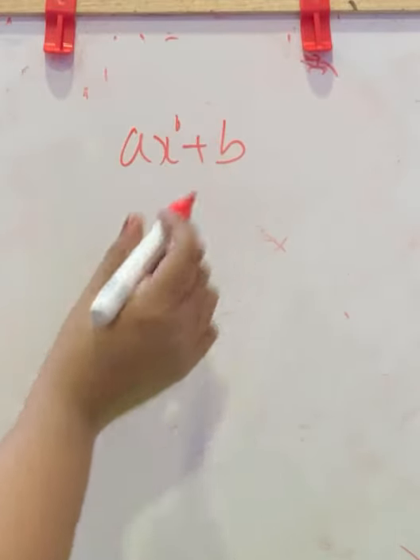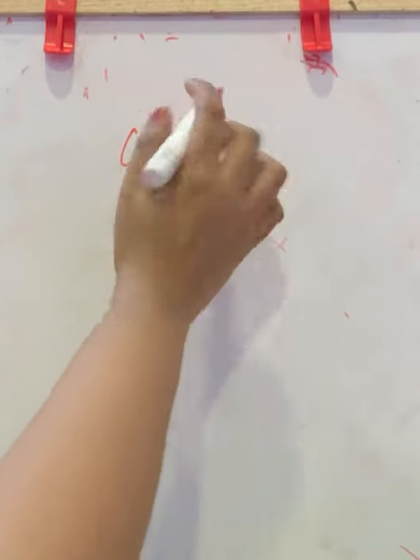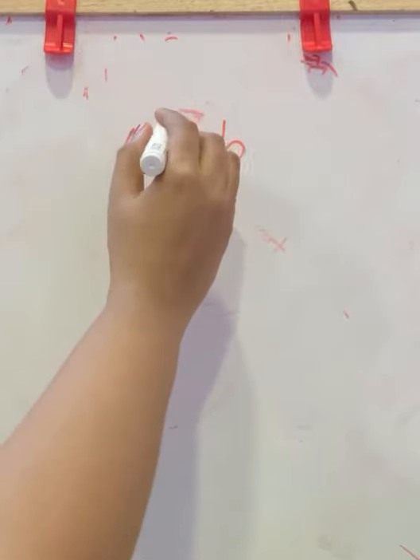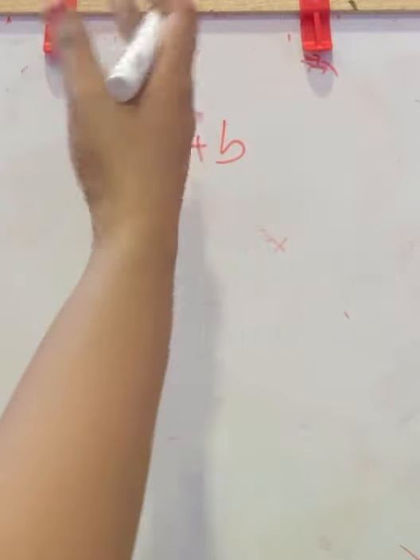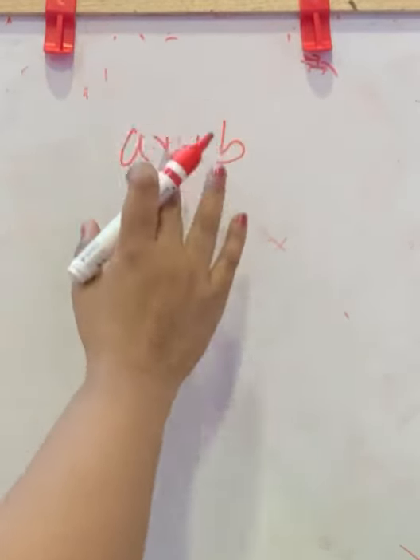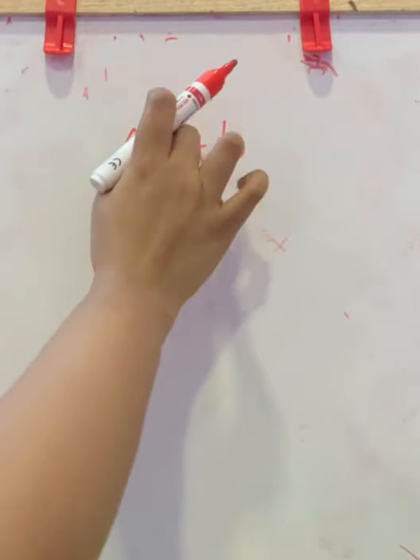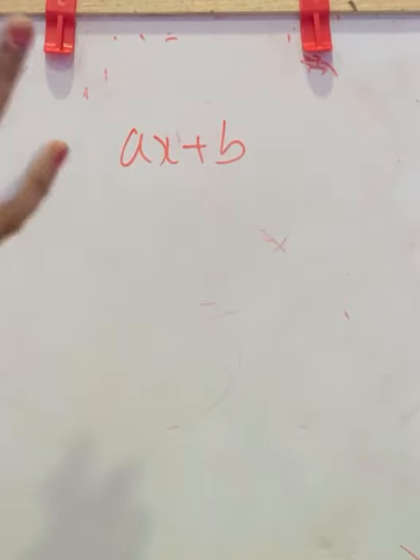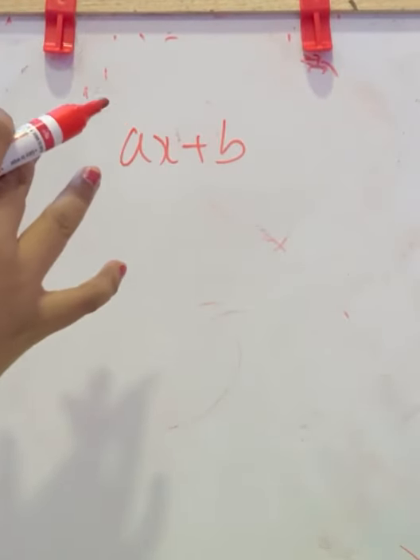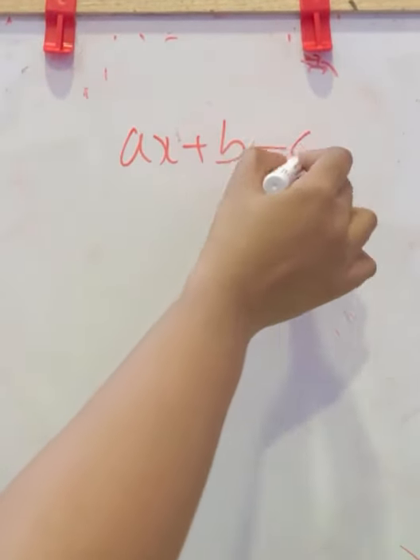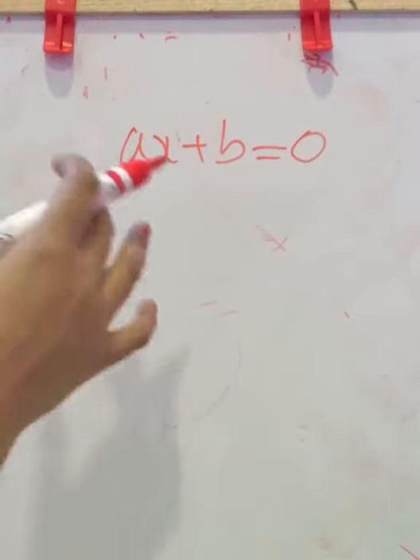We are not going to talk about quadratic polynomials or cubic polynomials or degree more than 3. We just have questions from linear polynomials. If it is a linear polynomial, to find the zero of the polynomial, we can simply equate it to 0.